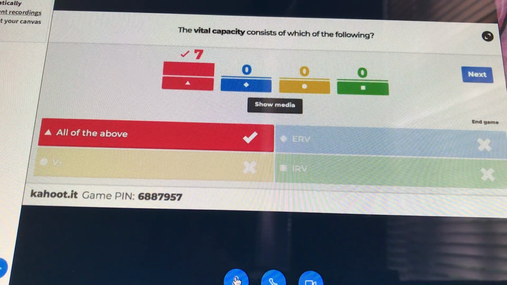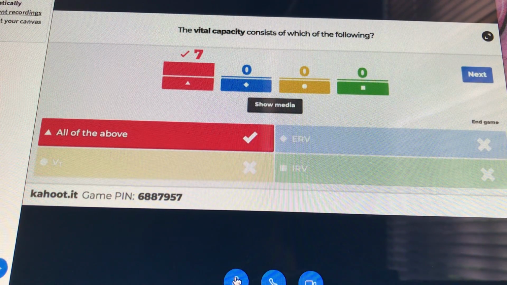If you remember back to your box, if you've forgotten how to draw your box, I would suggest that you relearn it. Okay? Take some time to recommit that to memory. But if you're going by your box, that would be your IRV, your VT, and your ERV all added together. Your vital capacity is a max inhale followed by a max exhale. It's basically everything except what you can't blow out. So it's going to be everything except your RV.